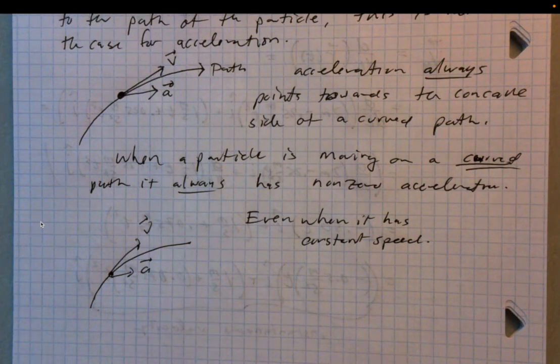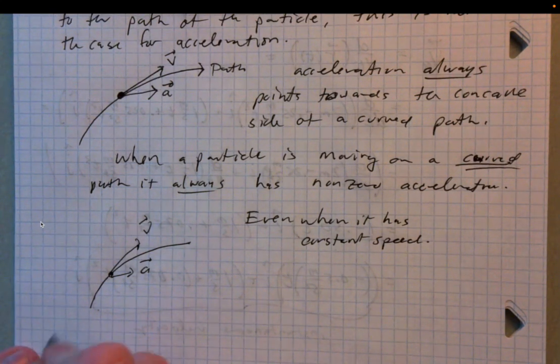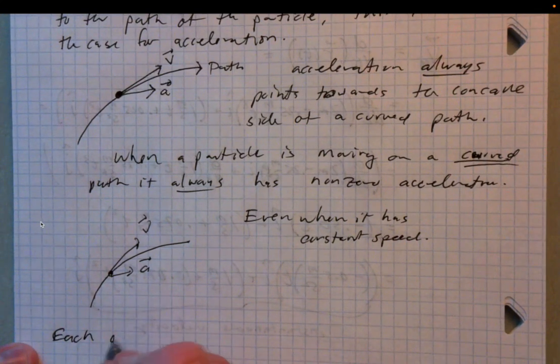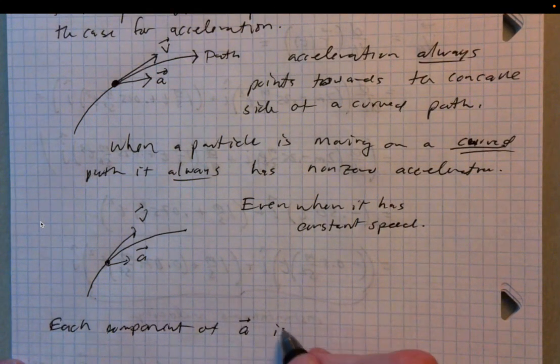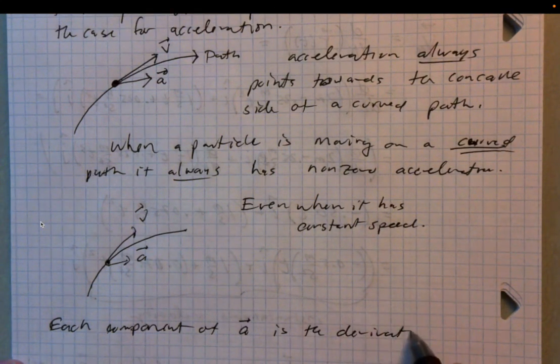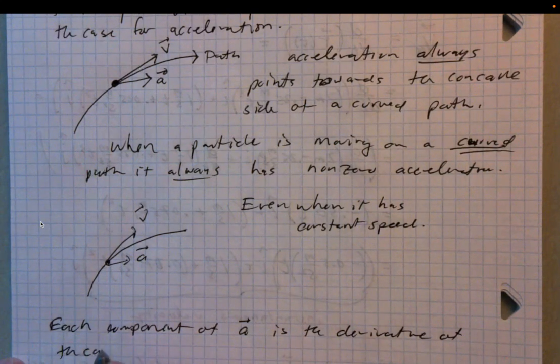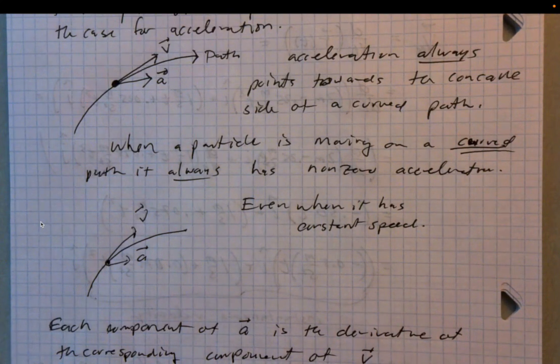So, okay, now each component of the acceleration vector is going to, just like before, be the derivative of the corresponding component of the velocity vector, right?